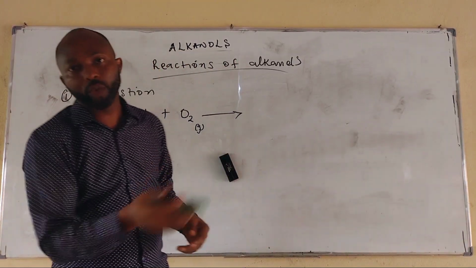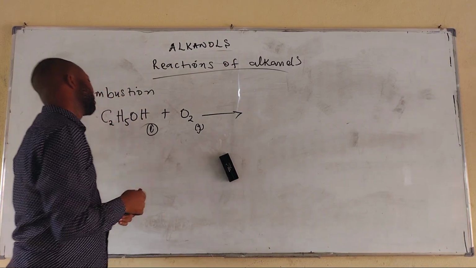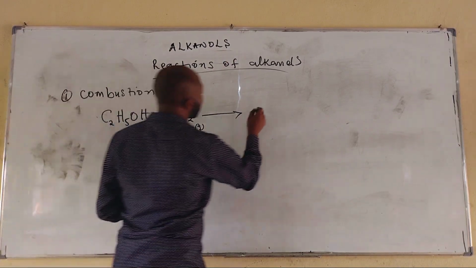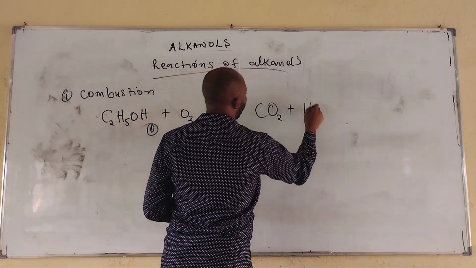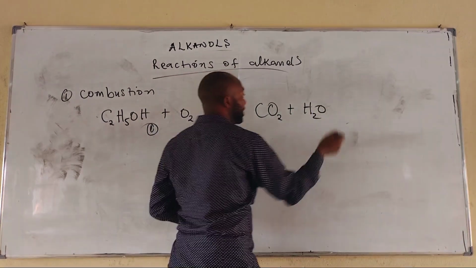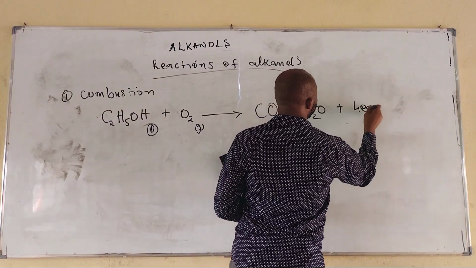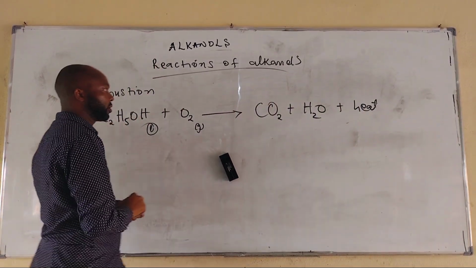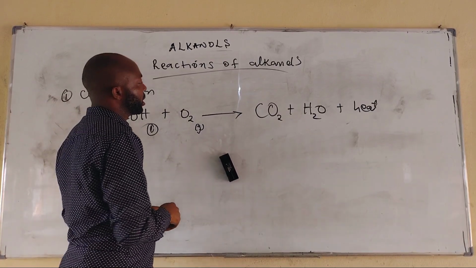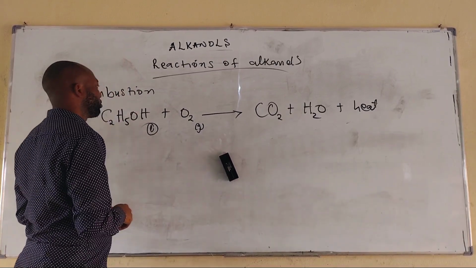Now we have to balance it. We have carbon dioxide and water plus heat, which is required because the reaction is exothermic. Remember I said that earlier. So let's see how we can balance that.